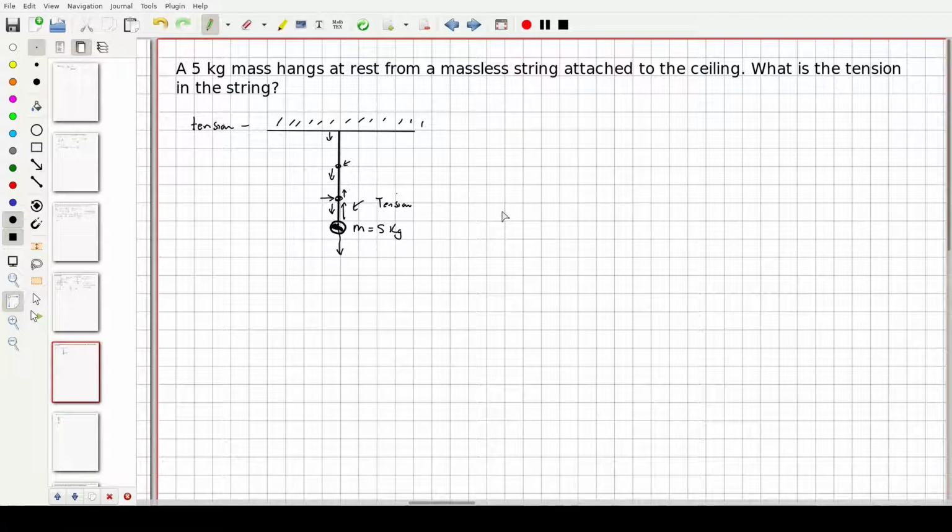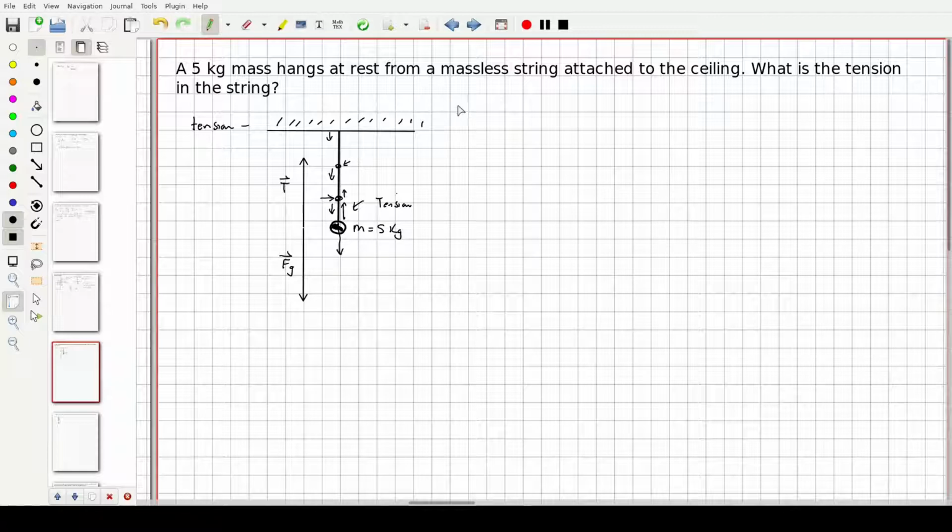Now, that said, two forces are present. We have, again, the force due to gravity this way, and then we have the rope being pulled taut up like that. So two forces, like I said: the tension force, which we're going to call T vector, and the gravitational force, F sub g.